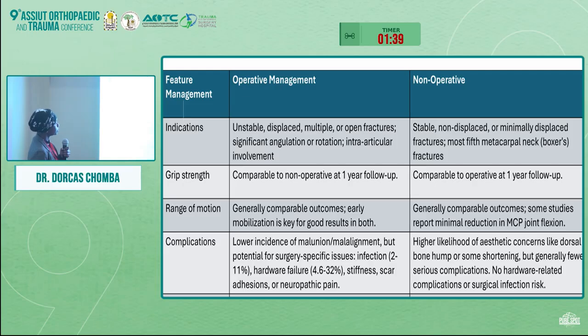So make sure you choose your patients correctly, who is right for operative management, who will be suitable for non-operative management. Most of the studies show that in terms of grip strength, there is no difference. In terms of range of motion, there is not much difference. In terms of complications, hardware-related complications and infection are more in operative management, and in non-operative management, it's more of aesthetics.